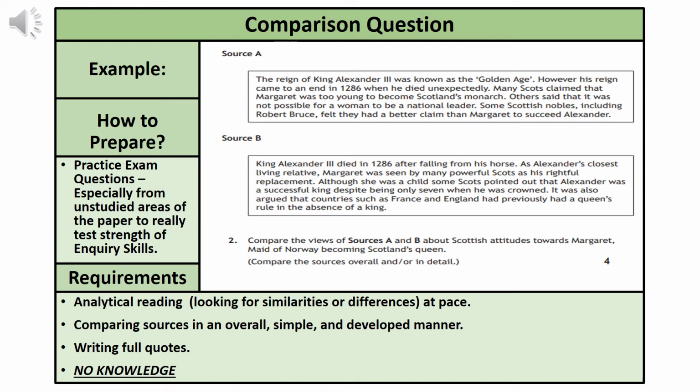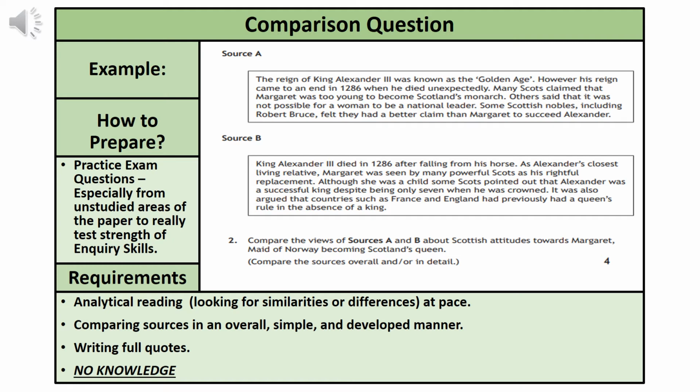How best to prepare is just to do the comparison question, because ultimately this is just a skill that they need to work on. I think it's especially useful to pick comparison questions from topics that they've not studied before out of the past paper. So they could do one from the Mary Queen of Scots section, for instance, and that way they could just practice the skill because they don't need any knowledge.